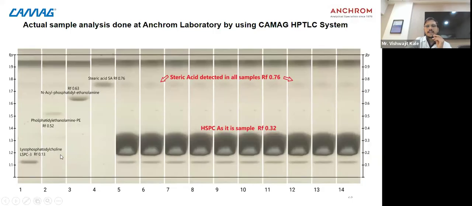And out of those four impurities, only one impurity, that is stearic acid, is detected at the same RF value as the standard in all of the 10 samples, and the other impurities are not detected. Now, if we use a scanning densitometer further after photo documentation, we can easily quantify the exact percentage of the stearic acid impurity detected in the HSPC sample.